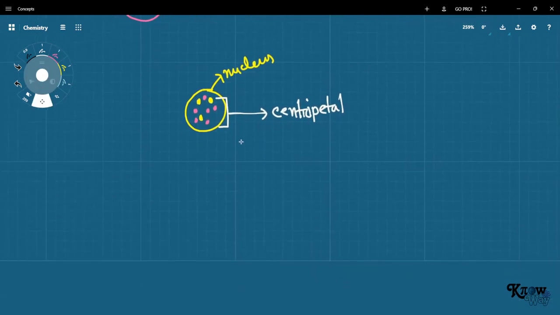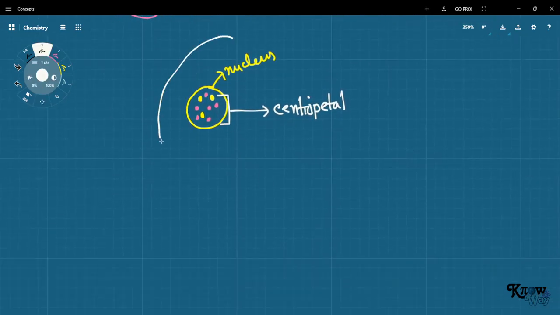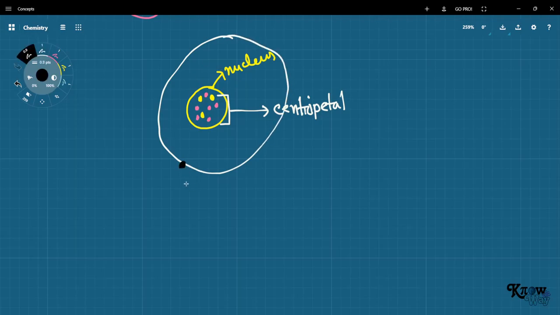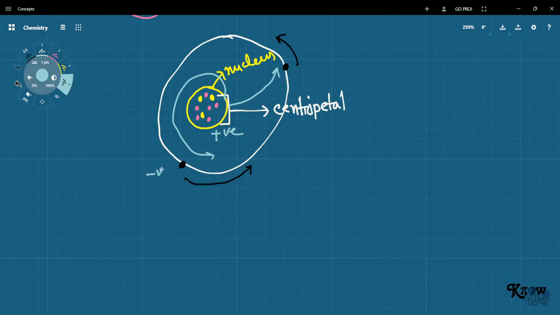And outside them there are the electrons, which are in movement. In their movement they have a force that is driving them, because the nucleus is positively charged and they are negatively charged.